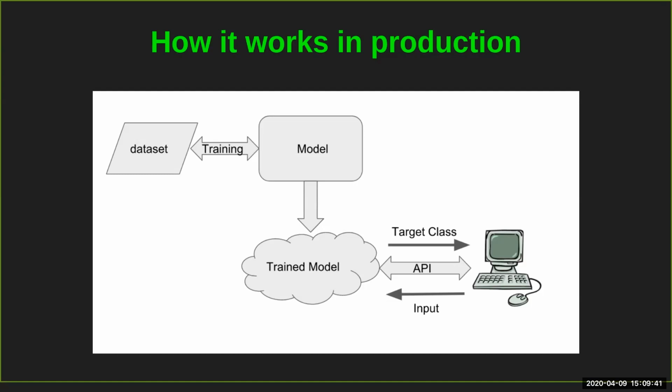Once the model is trained, you either deploy it to a cloud or deploy it locally on the target device. It depends on the use case where to deploy the model. Let's say you have a web application firewall. In that case, you need to deploy the model on the user's device where the firewall is located.